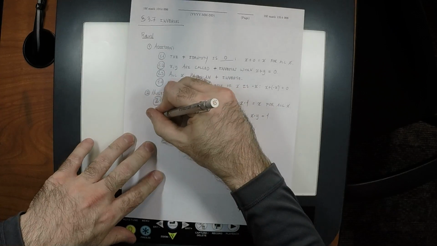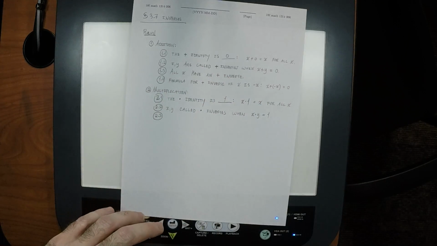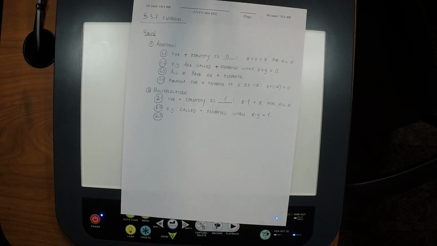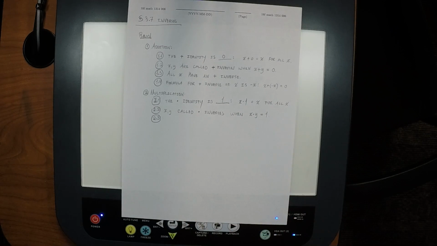Okay. So now the next question is that, here for add, we said that all x's have an additive inverse. So is it the case that all x's have a multiplicative inverse? Because in the end you'd want to be able to take that equation for any x. You want to find some other y that when you multiply the x and the y, you get 1, right?